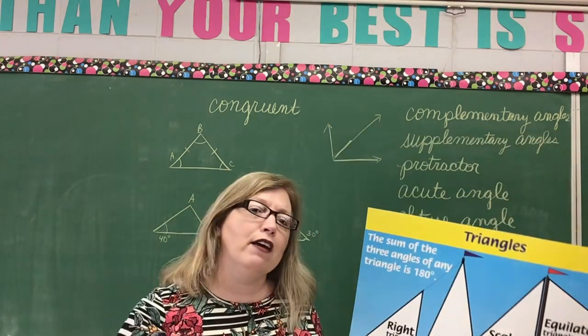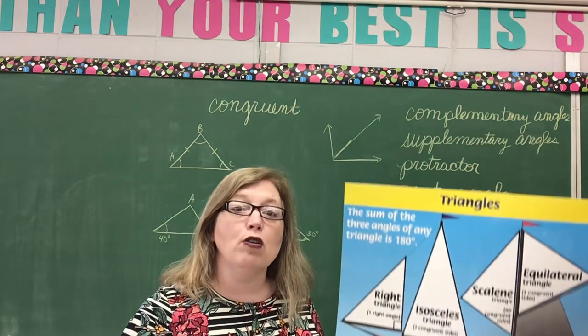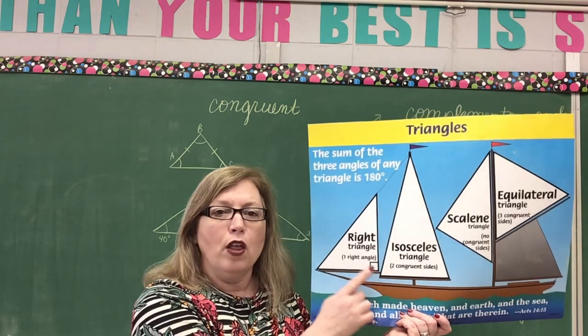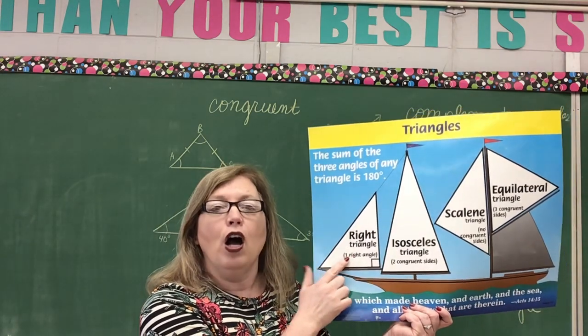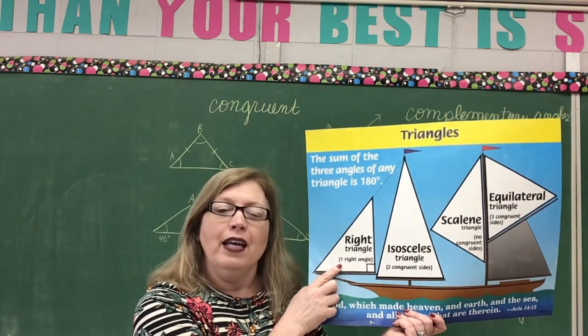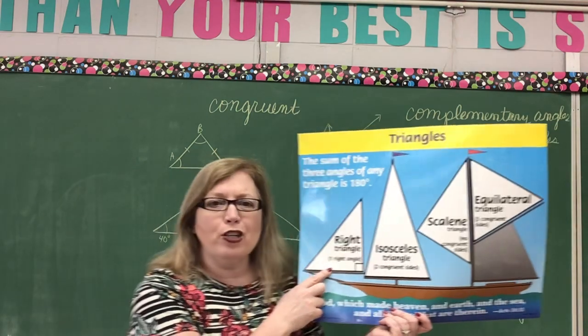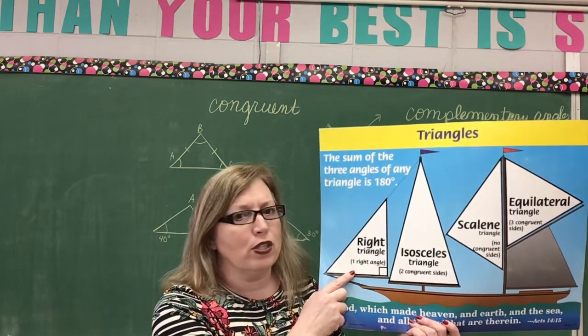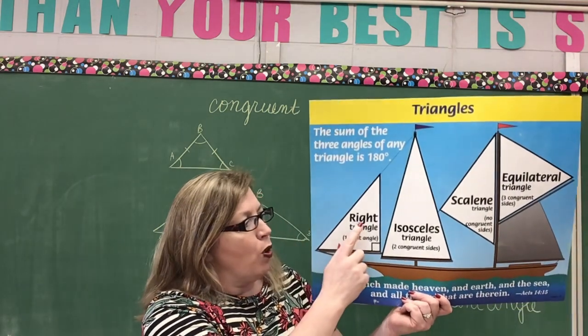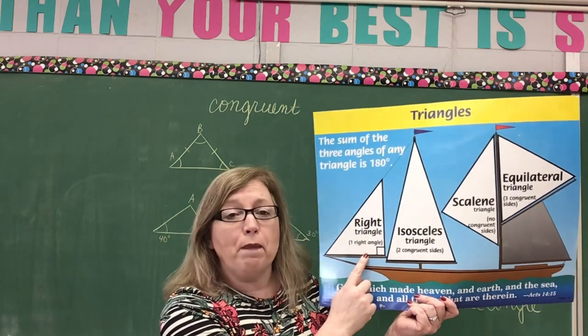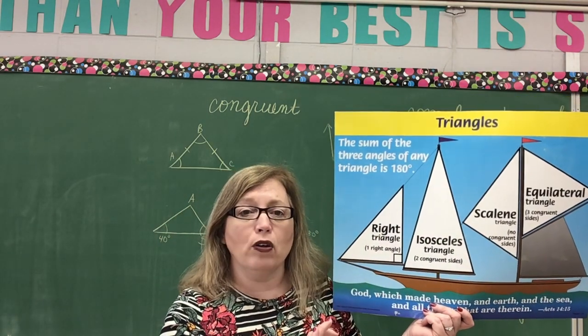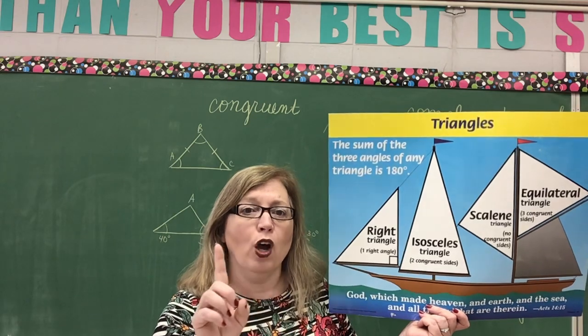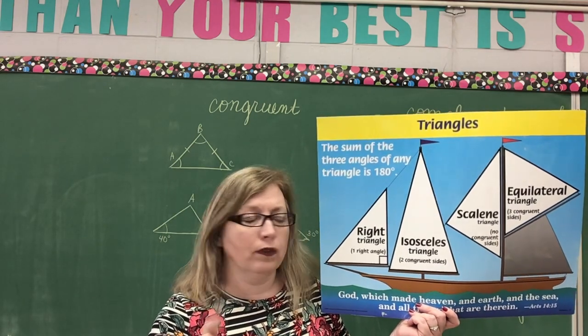If any of the angles in a triangle are a right angle, then we call the triangle a right triangle. In geometry, the 90-degree angle, or the right angle, is extremely important. So a right triangle is simply a triangle that has one right angle, okay?